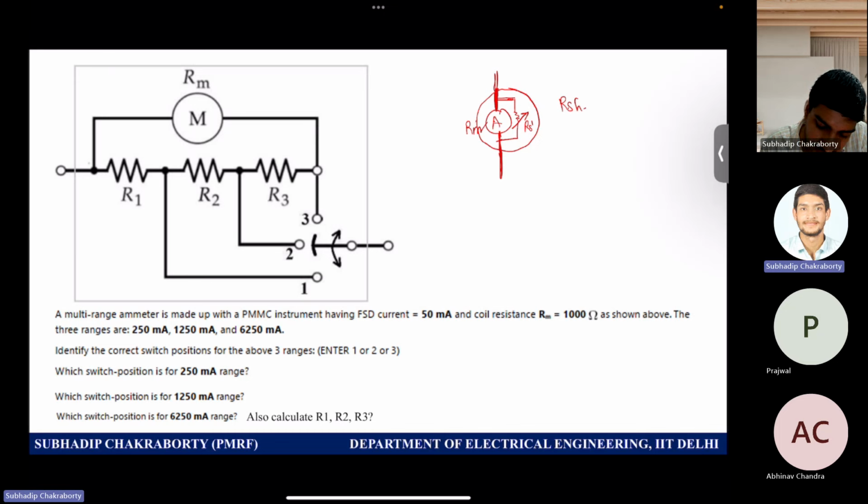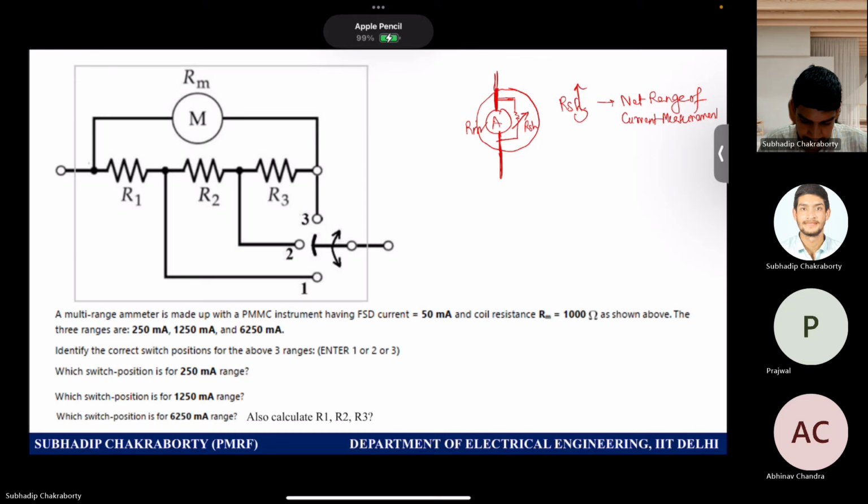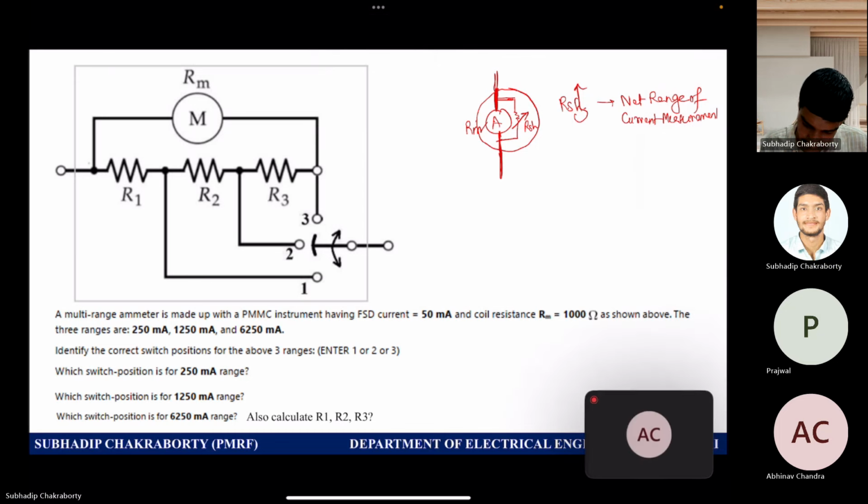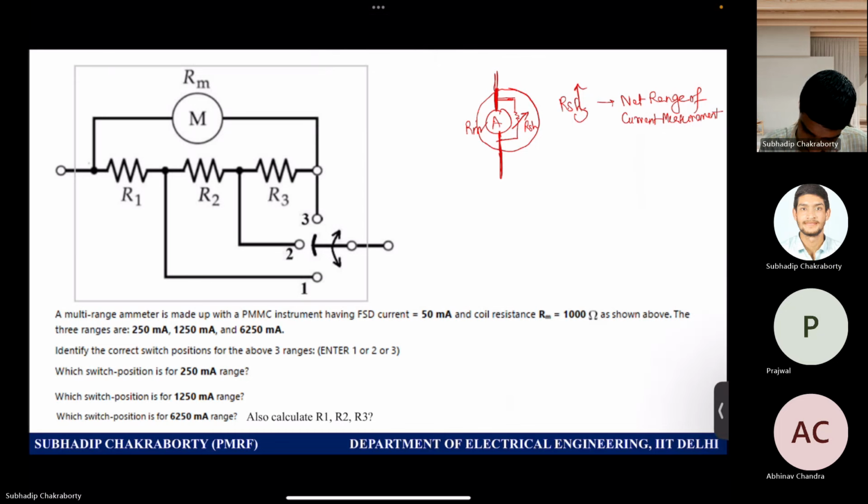Does it increase or reduce? Tell me analogically. If I increase the resistance of the shunt path, will it allow more current or less current to flow?